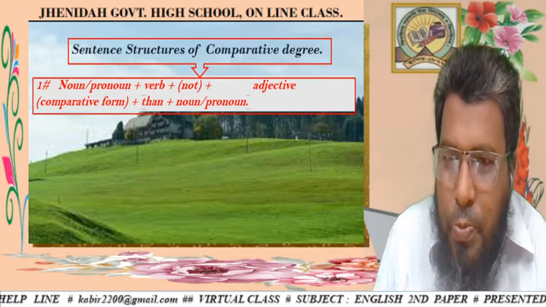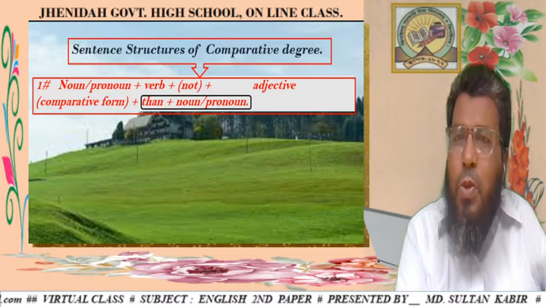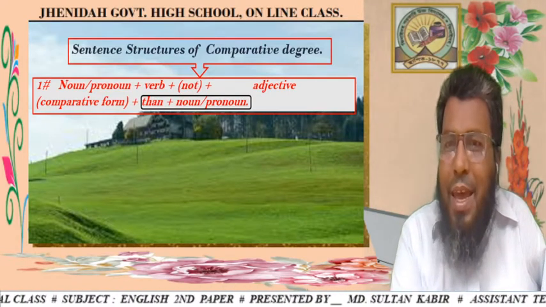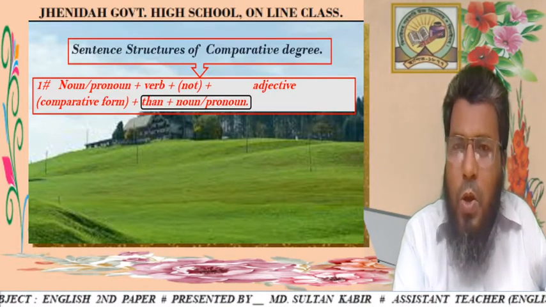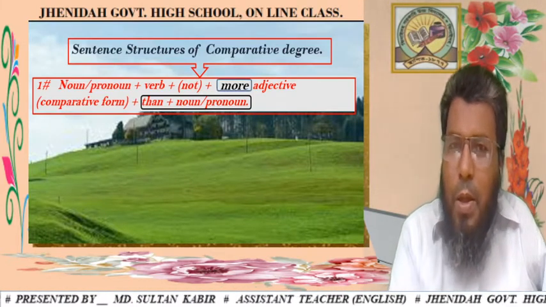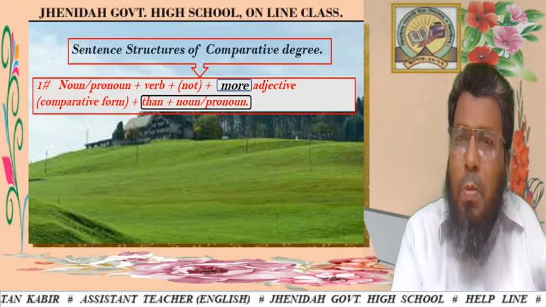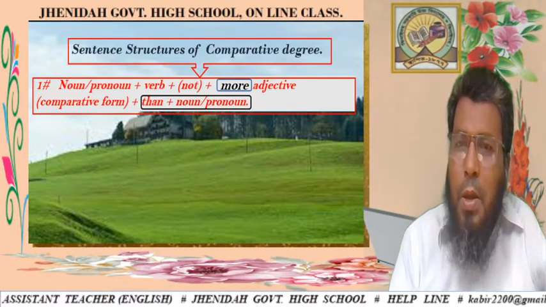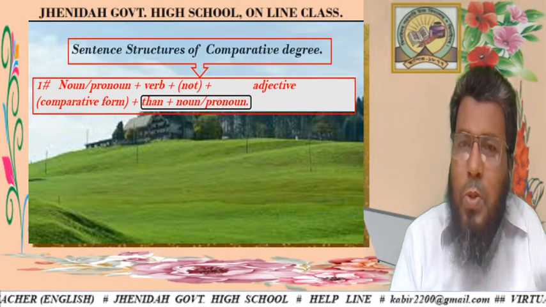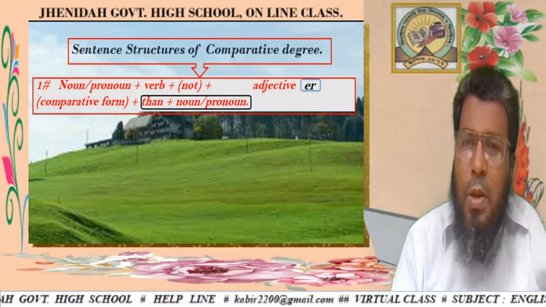So the first characteristics of the comparative degree, then plus noun or pronoun. Okay, and adjective: if the adjective is two, three or more syllables, then you will add more before the adjective, and if the adjective is monosyllable, then you will add -er at the end of the adjective.